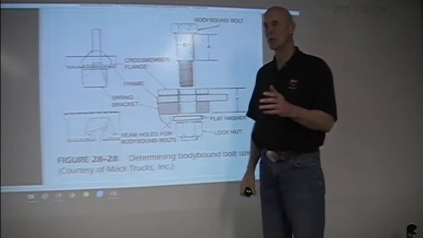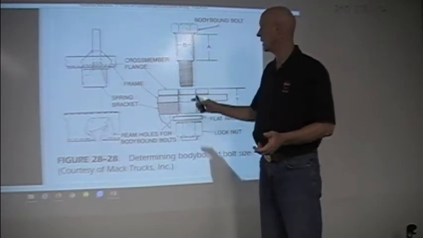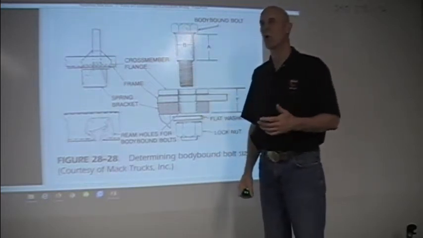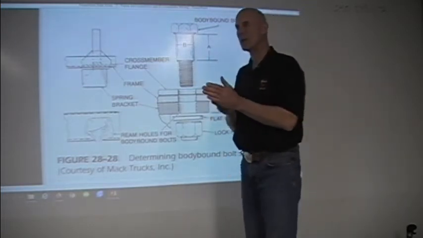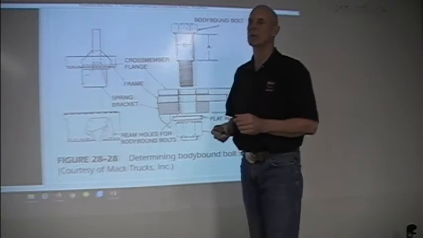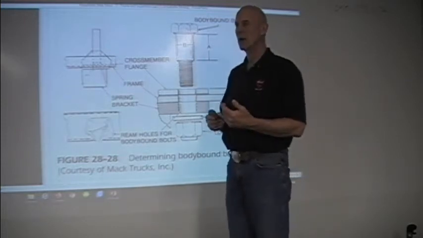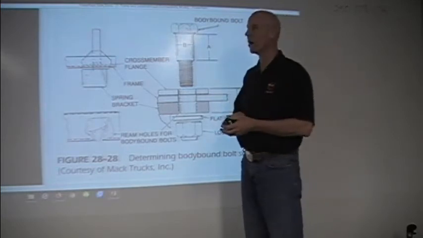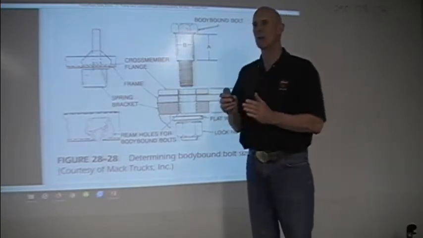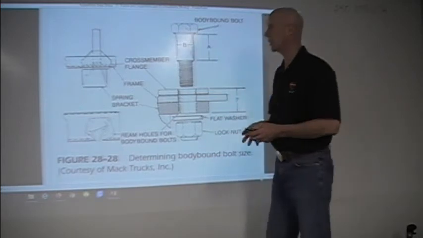If I take a normal 5/8 bolt and put it in a 5/8 reamed hole, there'll be some slop in there. With that slop, we might get some movement and some shearing action taking place, and it might be enough that it could shear that bolt off, where a body bound bolt will not allow that shearing action to take place.